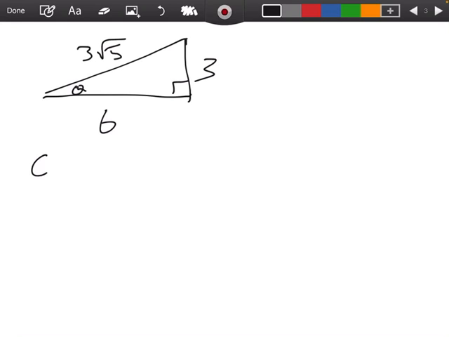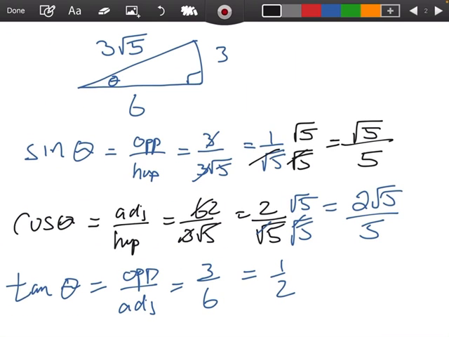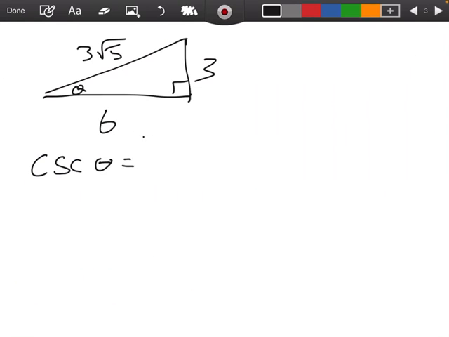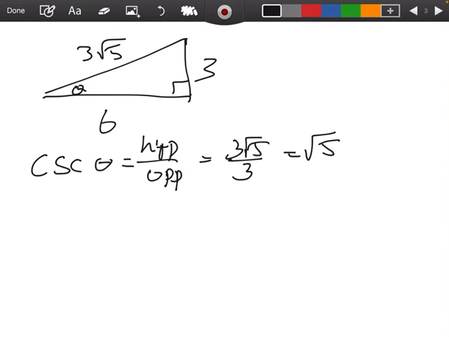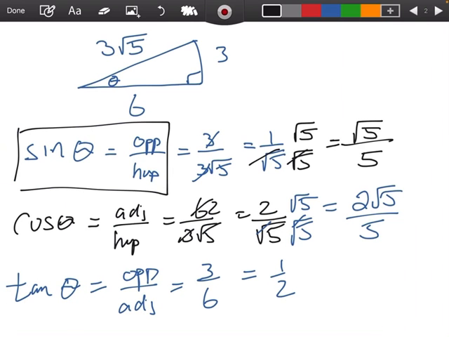And now we're going to find the cosecant. So remember, if the sine was the opposite over the hypotenuse, the cosecant is going to be the hypotenuse over the opposite, right? So that would be 3 square root of 5 over 3. That's just the square root of 5, right? And then the secant of our angle, I'm just using those reciprocal identities.